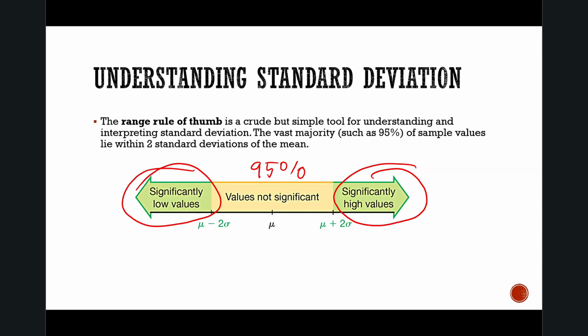This number is probably not correct, but let's think about this for height. Let's say the mean height for men is 5'9" and the standard deviation is 2 inches.